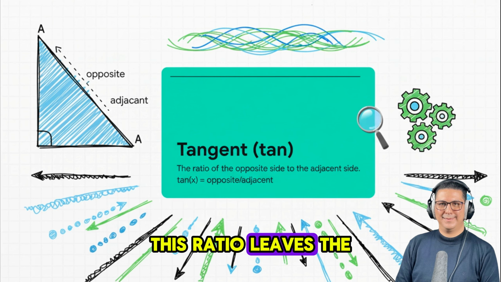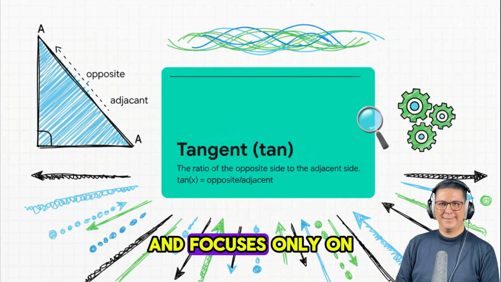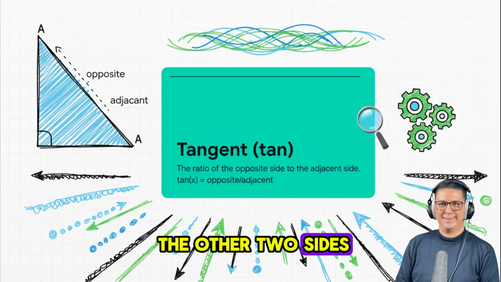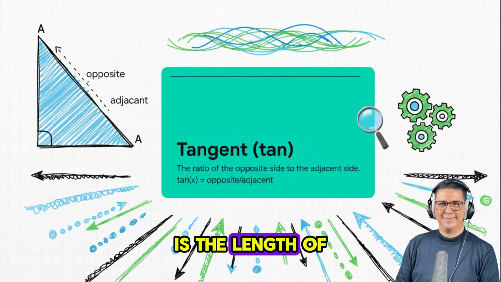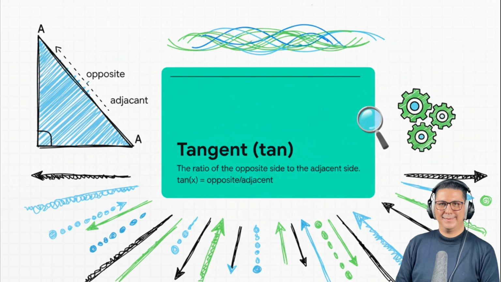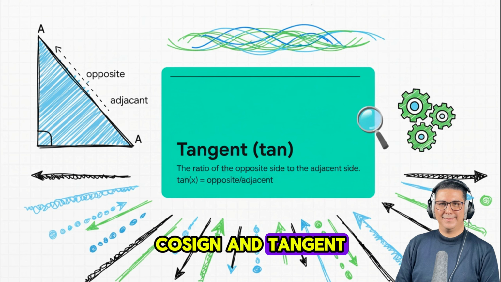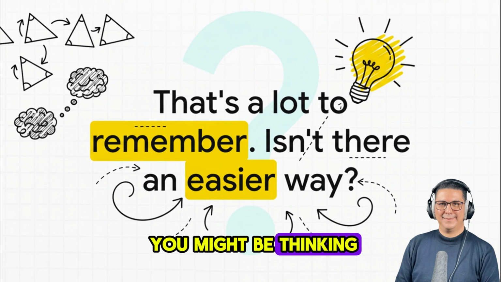This ratio leaves the hypotenuse out of the picture and focuses only on the other two sides. The tangent of an angle is the length of the opposite side divided by the length of the adjacent side. And there you have it. Sine, cosine, and tangent, the big three.